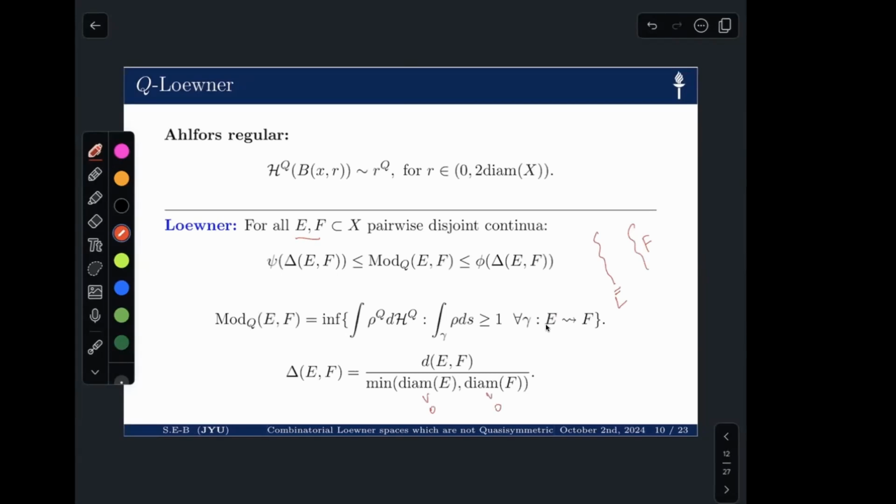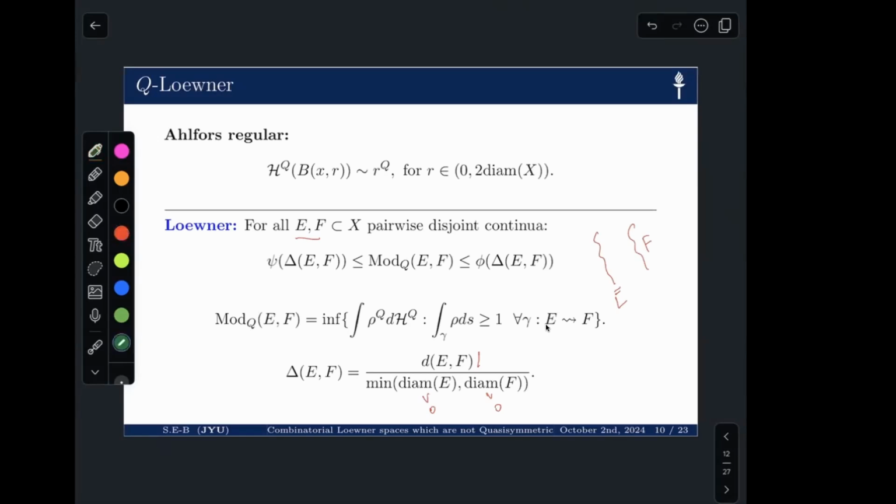The scale invariant measure of distance is you take the distance between them and then you divide it by the smaller of the diameters of E and F. This essentially focuses on the case when E and F are roughly the same size, so it's just the distance divided by the diameter in that case.